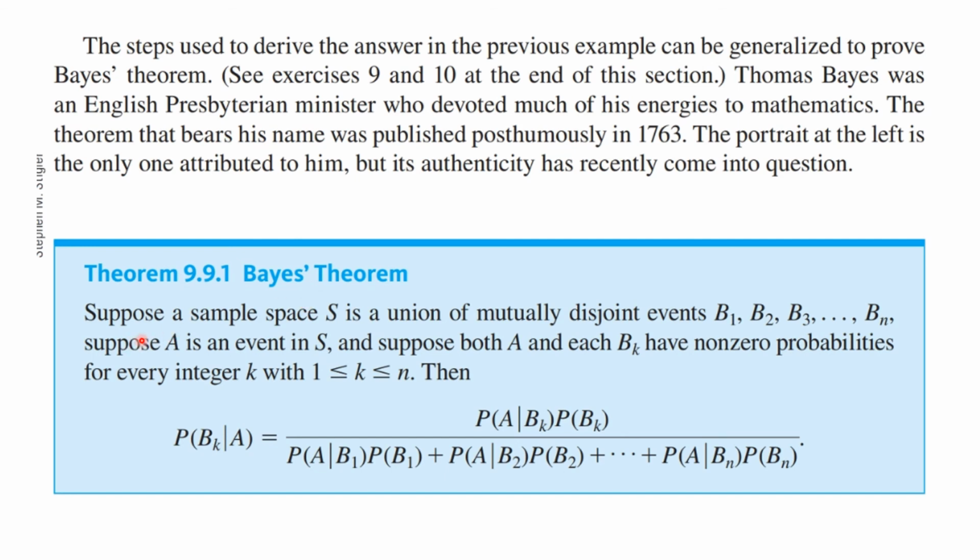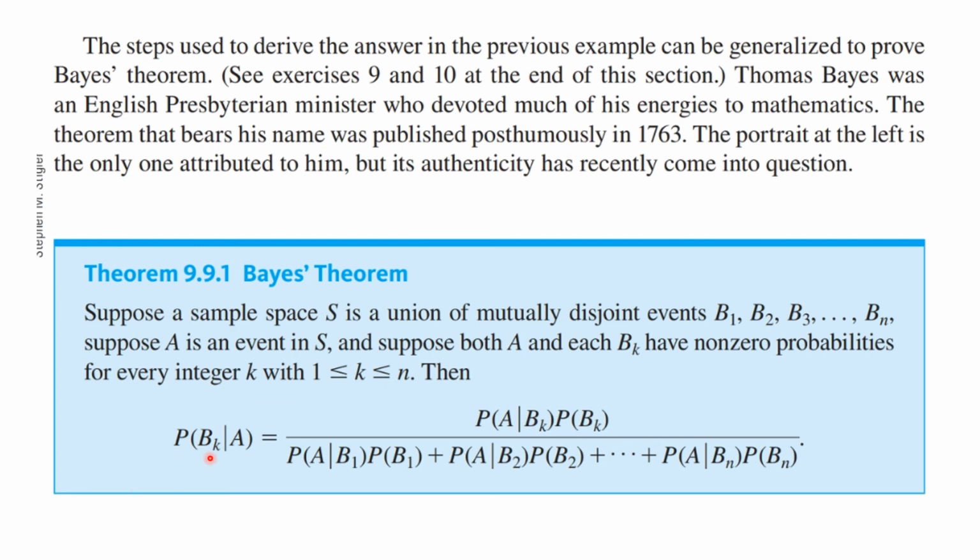Suppose a sample space is a union of mutually disjoint sets B1, B2, B3, all the way up to Bn. And suppose A is an event in the sample space, and both A and each Bk have non-zero probabilities for every integer k from 1 to n.